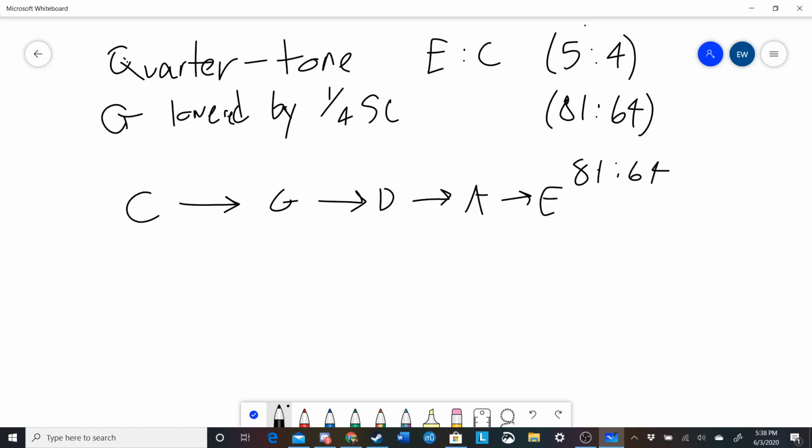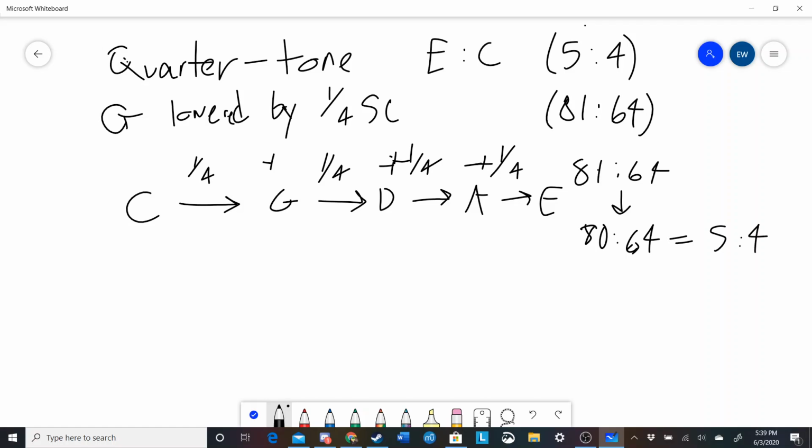However, if we use our new lowered G, then we're removing 1/4 of a syntonic comma at each step. So by the end, adding all those up, we're basically going to be lowering our result by 1 syntonic comma, which gives us the desired 80 to 64 ratio, which is the same thing as 5-to-4. So that's the idea of quarter comma mean tone, is we're going to be reducing the fifth, making it slightly flat in order to preserve the third and other intervals.